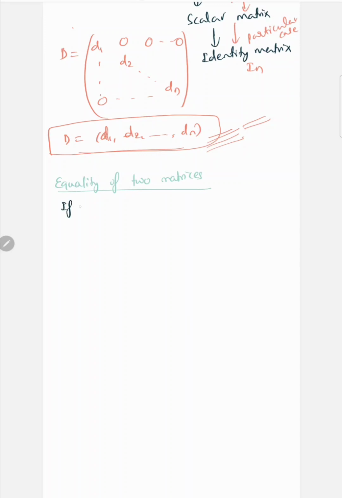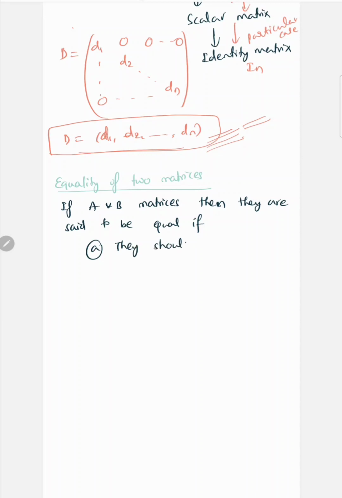Suppose A and B are two matrices, then they are said to be equal if they follow some conditions. The first one is that they should be of the same order, meaning the order of A should be equal to the order of B.